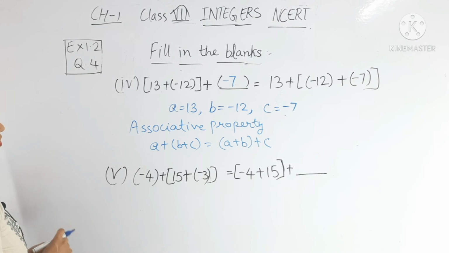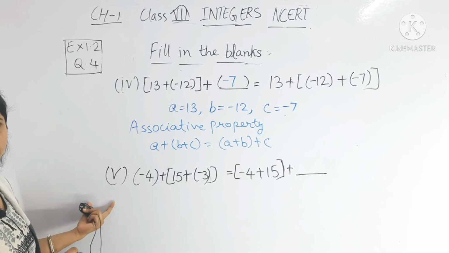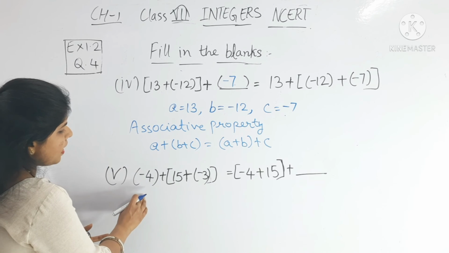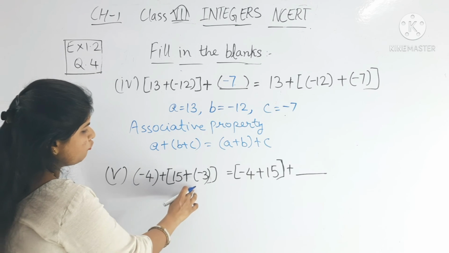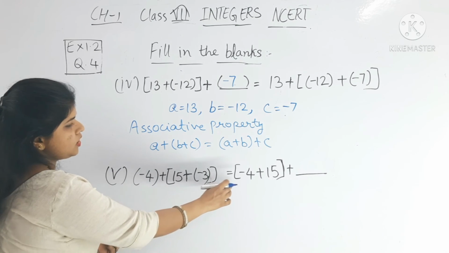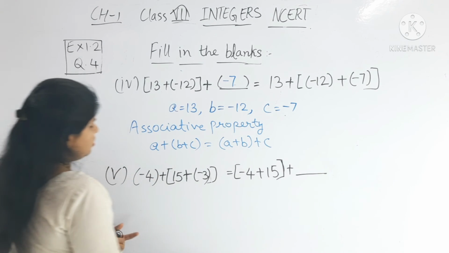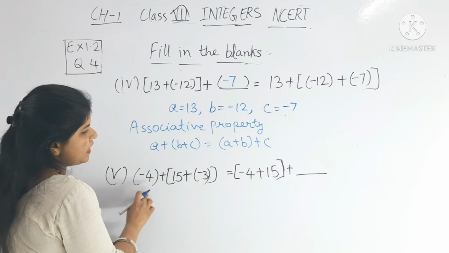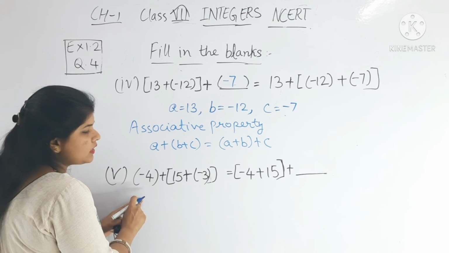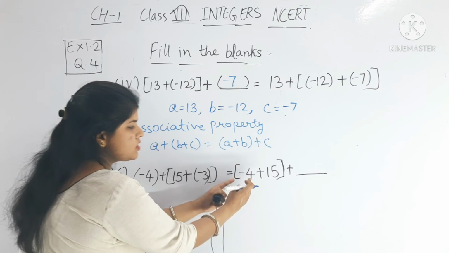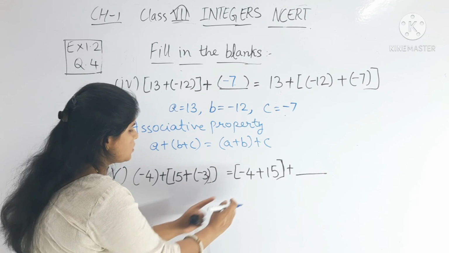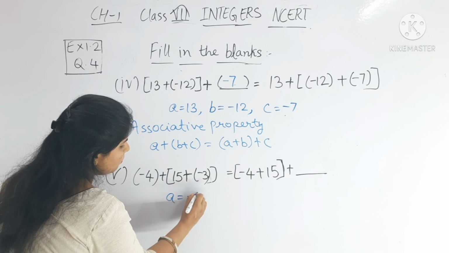Now we will come to the fifth part, that is minus 4 plus 15 plus minus 3 equal to minus 4 plus 15 plus dash. So here we can see that minus 4, here is also minus 4 in the LHS part and here is also minus 4 in the RHS part. So A is equal to minus 4.